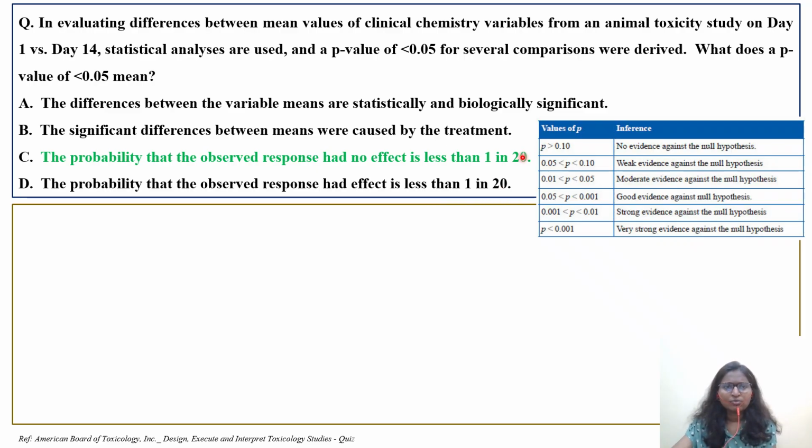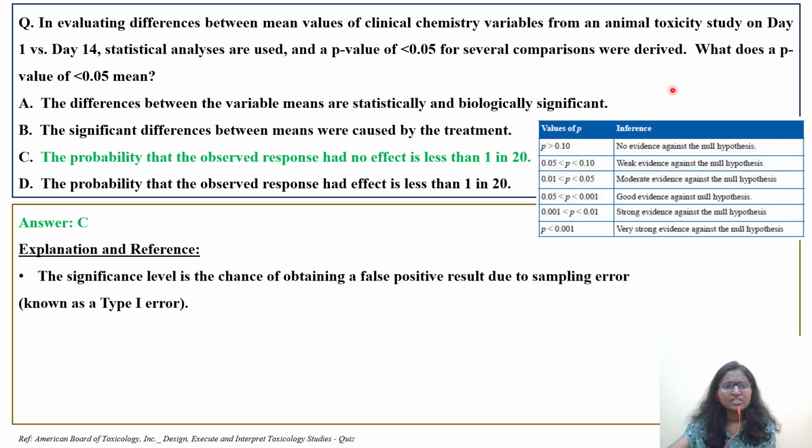What is important is we need to understand what the p value 0.05 means in this particular case. Here the right answer, as you can see in green text, is option C: the probability that the observed response had no effect is less than 1 in 20. Out of 20, 1 in 20 did not have a response.